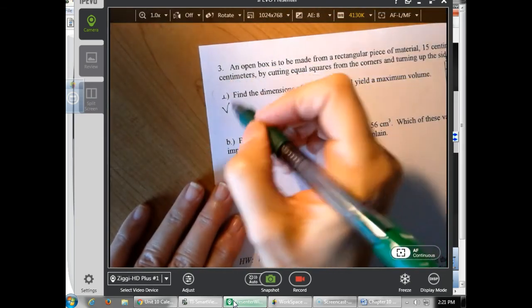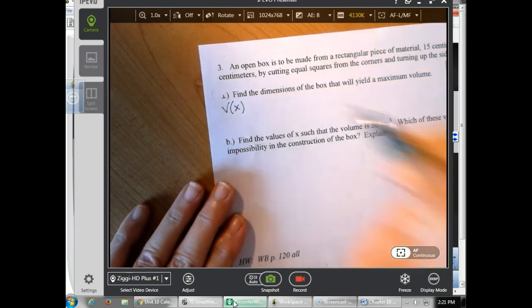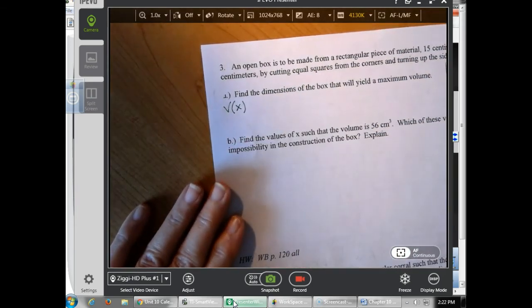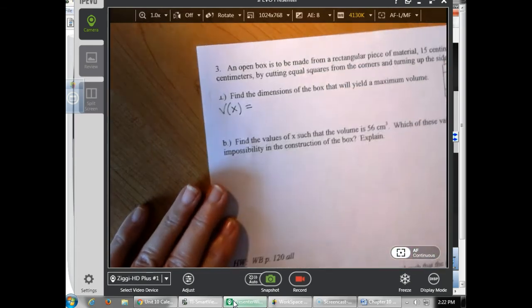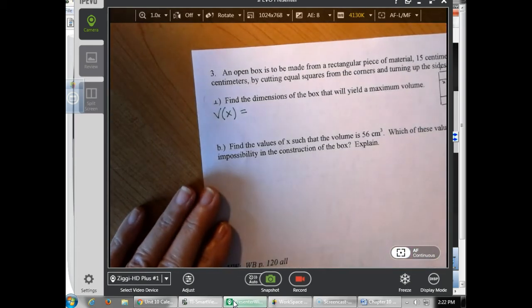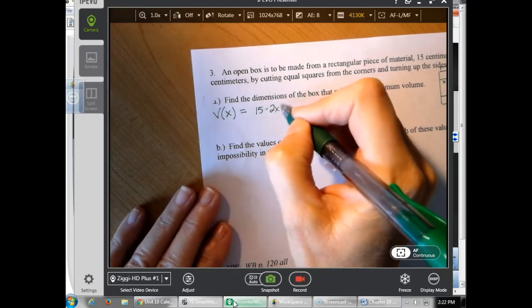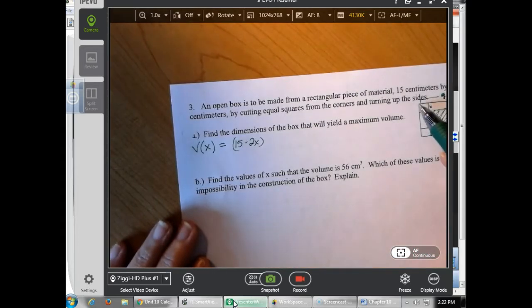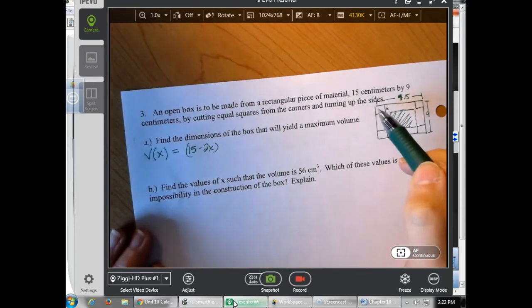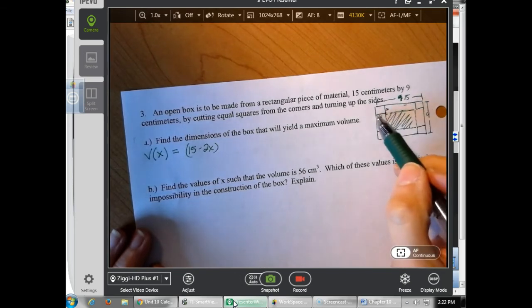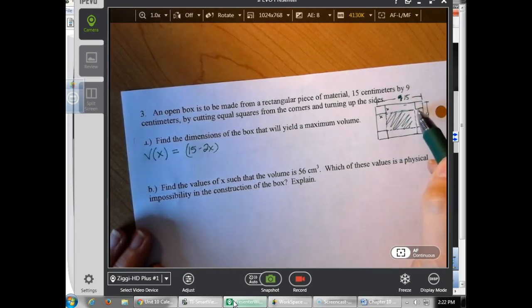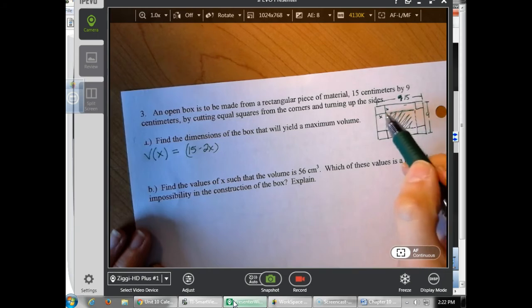So volume, based on the size of x, basically the size of the square you're cutting out, will be based on this length here, which is going to be 15 minus 2x, because I'm going the distance of 15 across, but I have to take out this x and this little x to get 15 minus 2x.